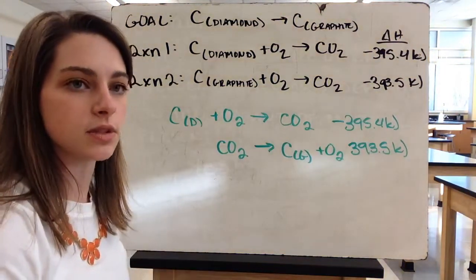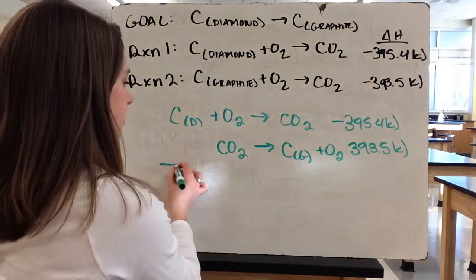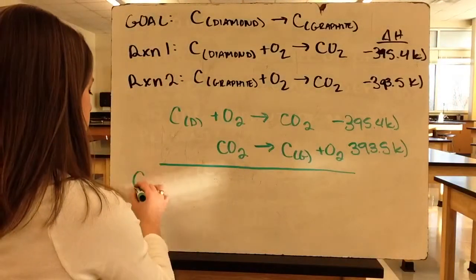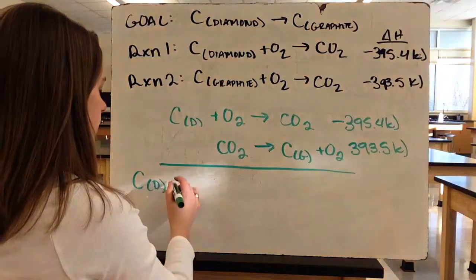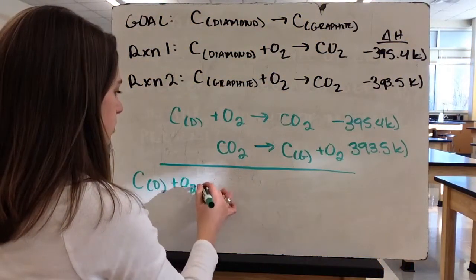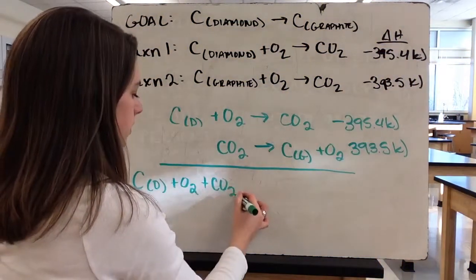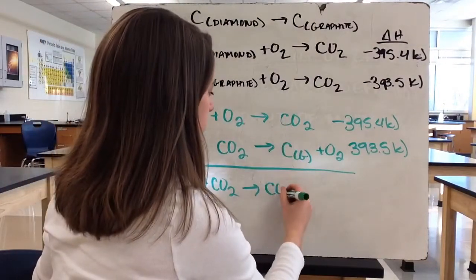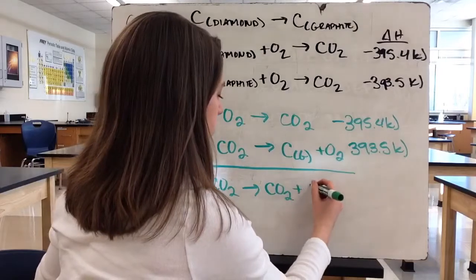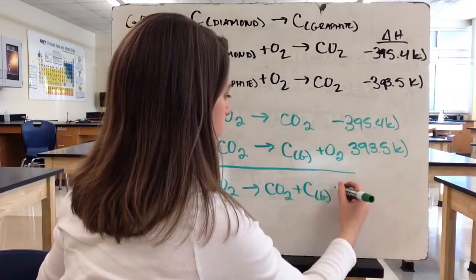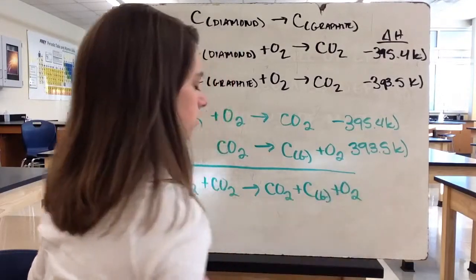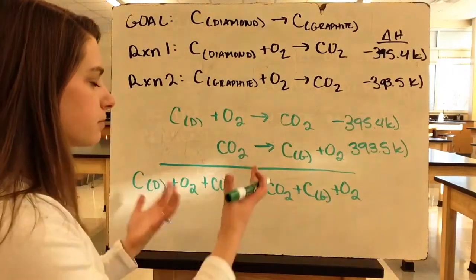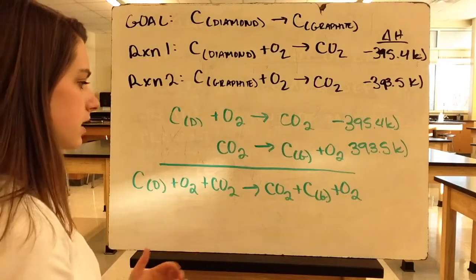Now, if I'm treating this similar to a math equation, I'm really just going to add everything up. So I have carbon in the form of diamond plus oxygen plus carbon dioxide goes to carbon dioxide plus carbon in the form of graphite plus oxygen gas. Now I need to cancel out, just to check and make sure I've reached my goal equation, things that show up on both sides of the arrow.